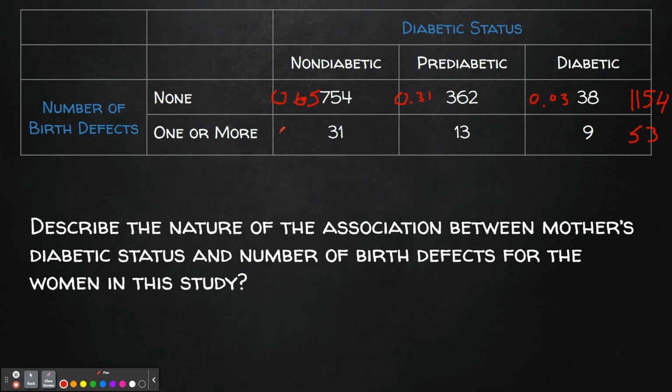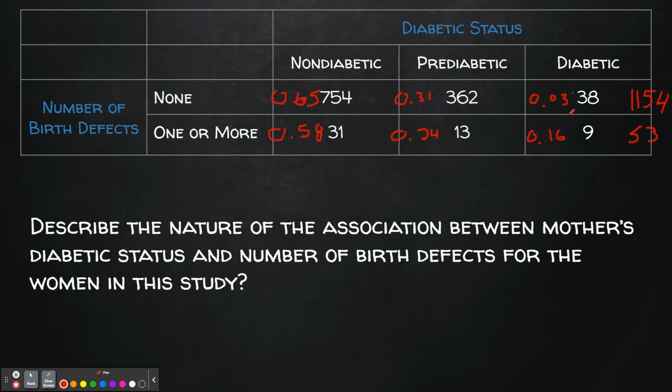In our second row, when we divide by 53, we get 0.58. That's a little bit far off from our 0.65, but not bad. For our second value, we get 0.24. Again, a little bit off, but not bad. But this last value here, 9 divided by 54, we get 0.16.